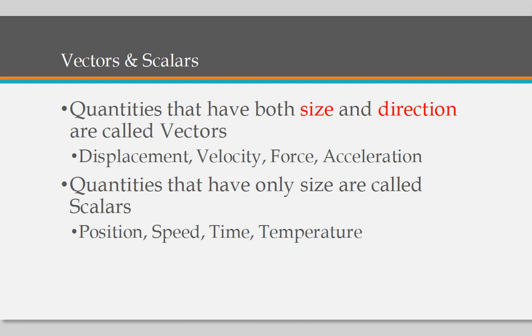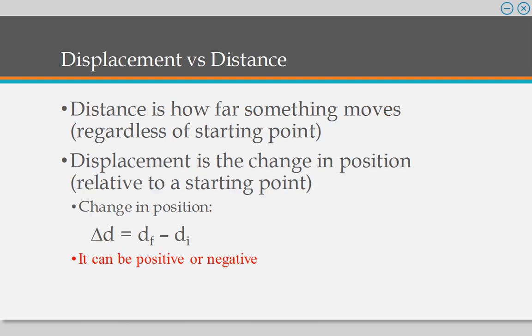Okay, so is there any questions about the difference between magnitude and scalar? Or pardon me, scalar and vector. Okay, so let's do some examples and you should be okay with it then. Nothing? Okay, so displacement versus distance. Distance is how far something moves, regardless of the starting point.